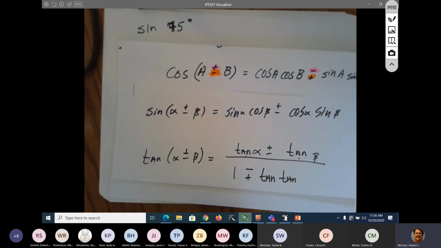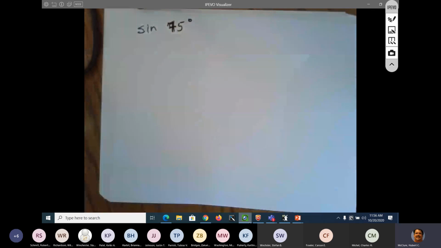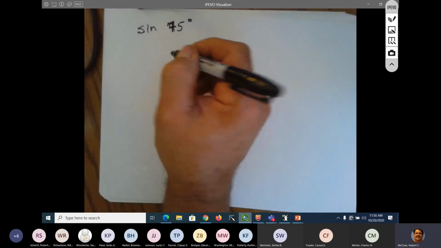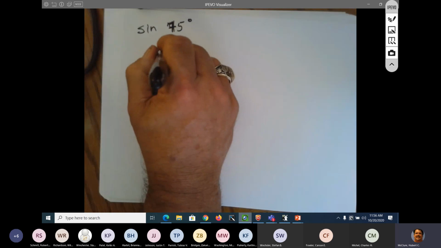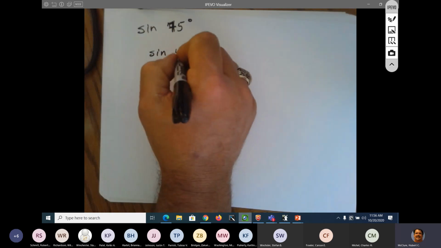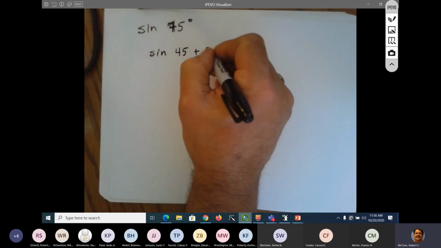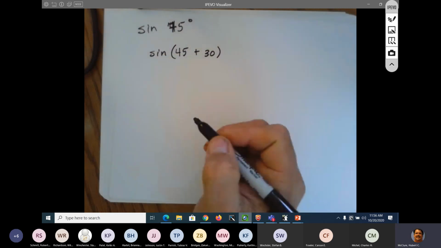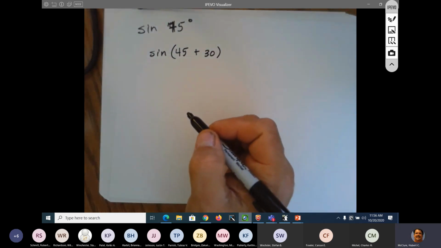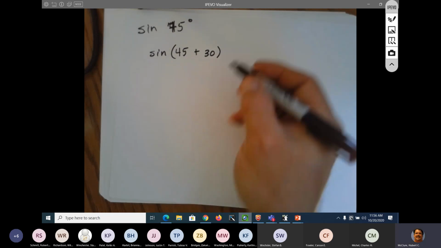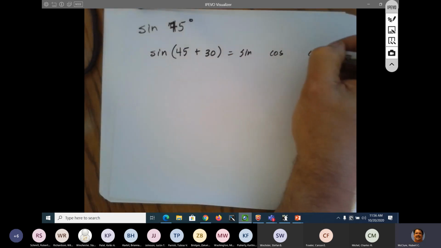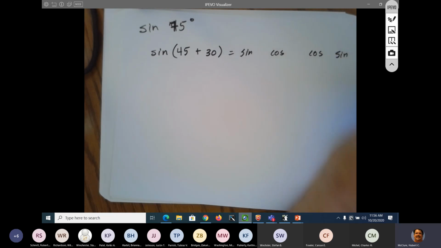Okay, 75 is 30 plus what? 45. So I'm going to use sine plus, so that's going to be sine of 45 plus 30. And that's going to give me sine, cosine, cosine, sine.